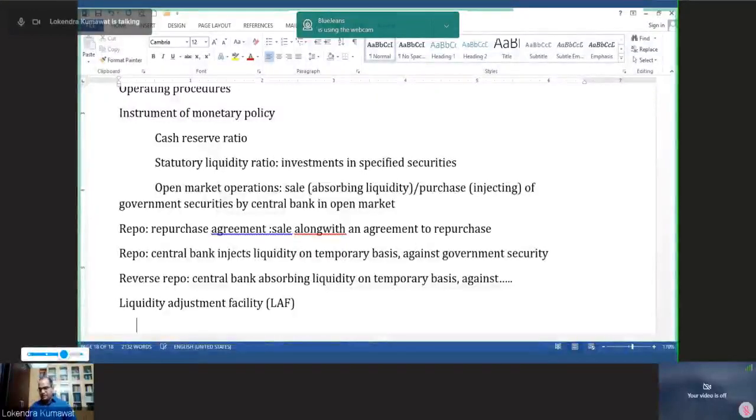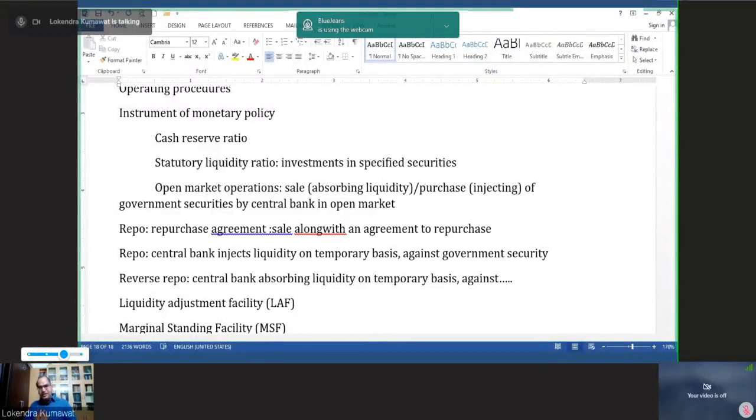There is another facility called the marginal standing facility, MSF. There are certain limits up to which the banks can avail the liquidity adjustment facility.